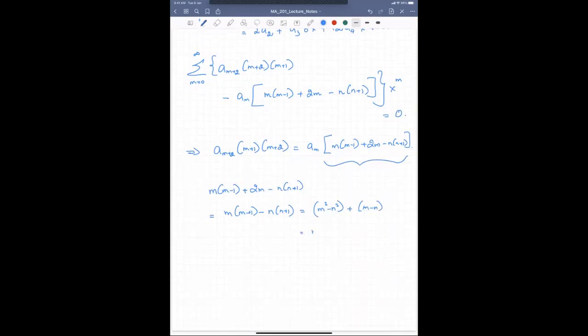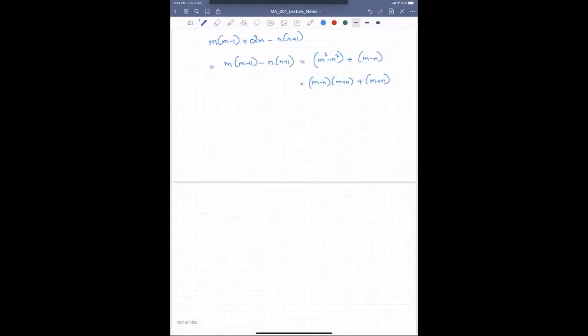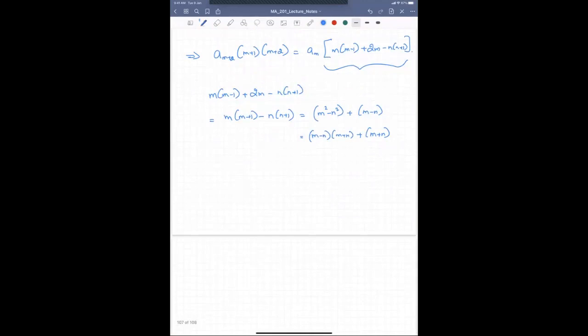And this, of course, is (m minus n) times (m plus n). The reason I'm doing it out is because I don't remember it, so you don't have to do it every time if you remember already what the form is. So if I pull out an m minus n, this becomes m plus n plus 1.